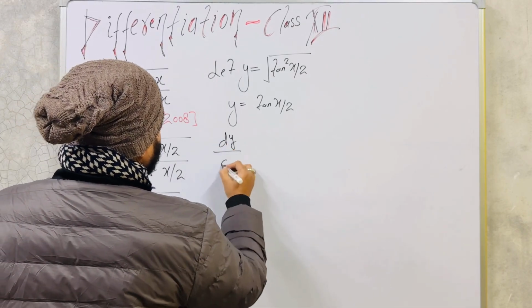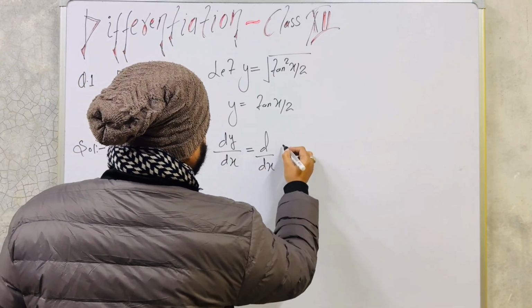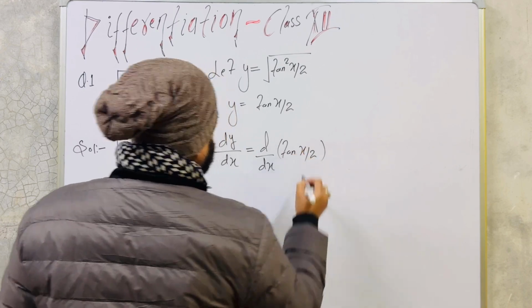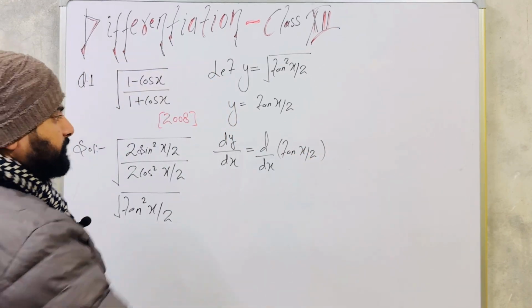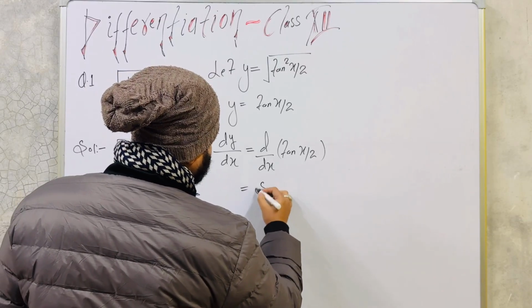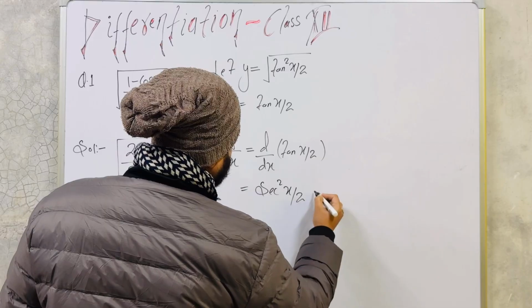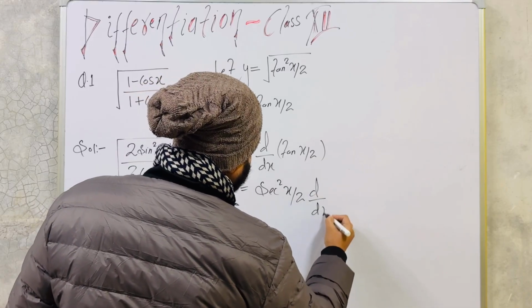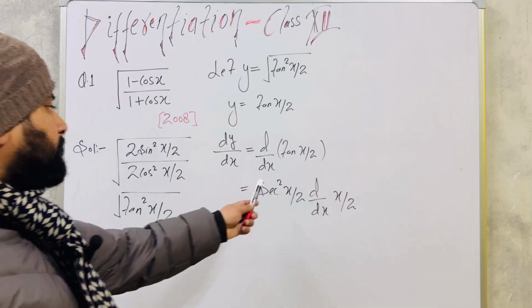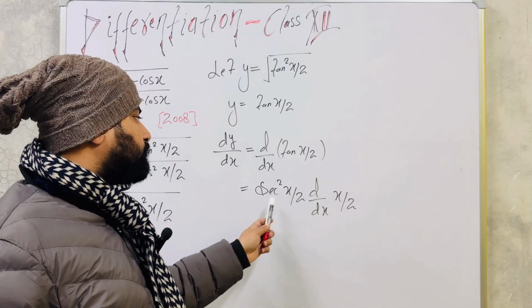Now dy by dx is equal to d by dx of tan x by 2.